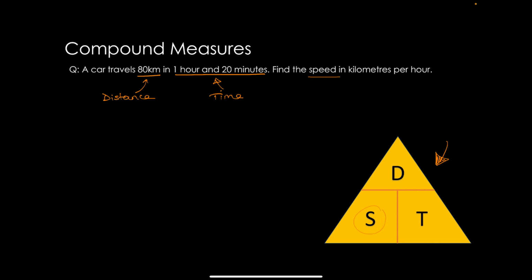So if I've got to work out the speed, I cover it over, and I have to do distance divided by time. So distance over time. The distance is 80 kilometres. And the time we must write as a decimal.